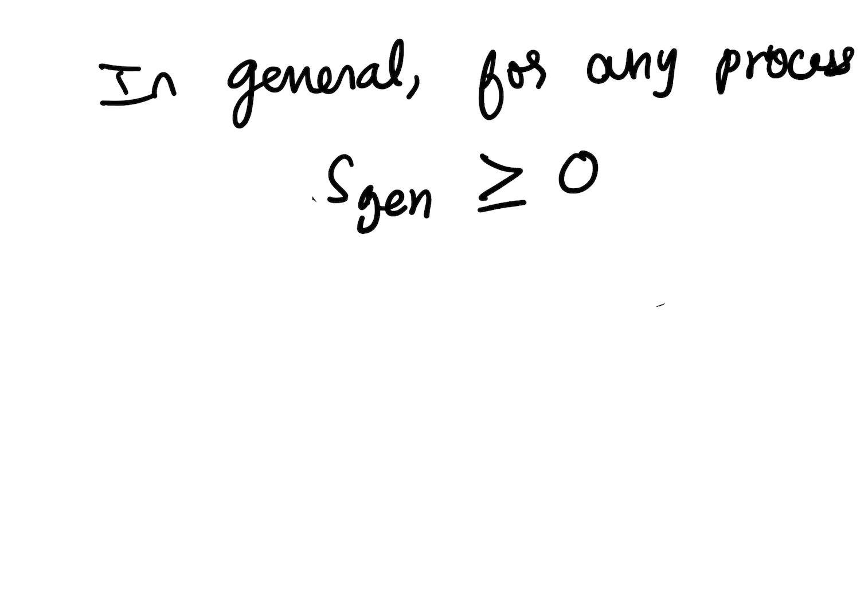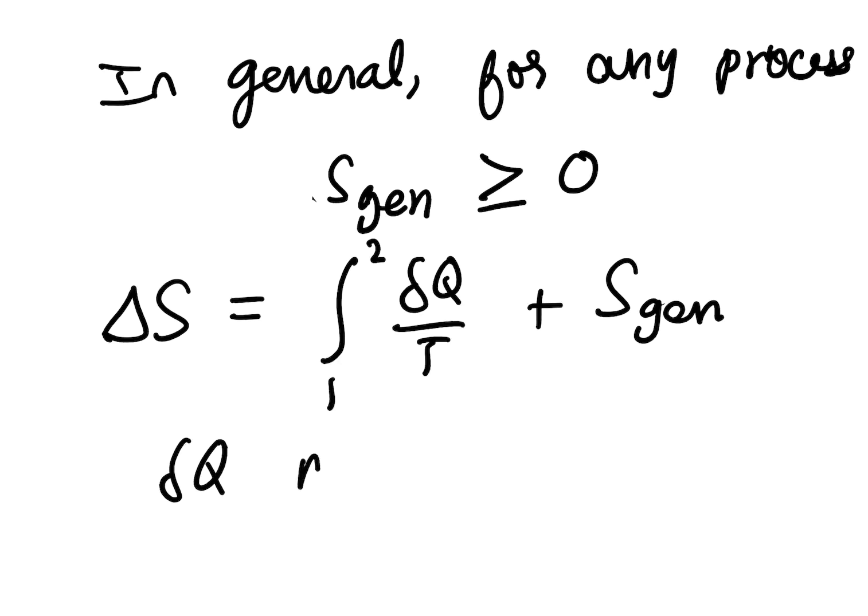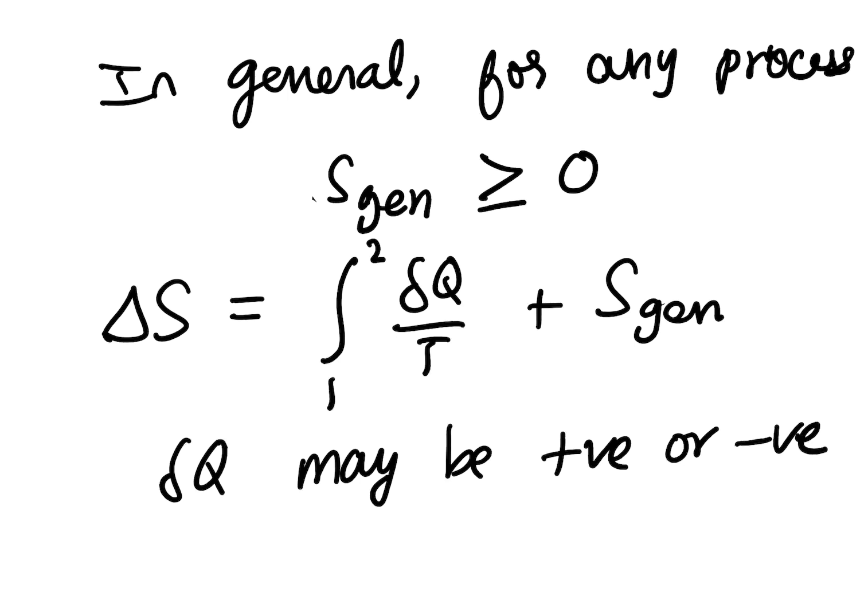The change in entropy of the system is equal to the sum of the delta Q over T integrated from 1 to 2 plus entropy generated. Delta Q may be positive or negative. The heat may be added to the system or removed from the system, making this term positive or negative.